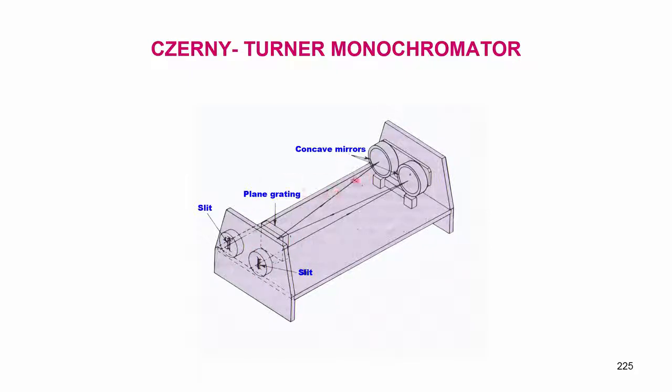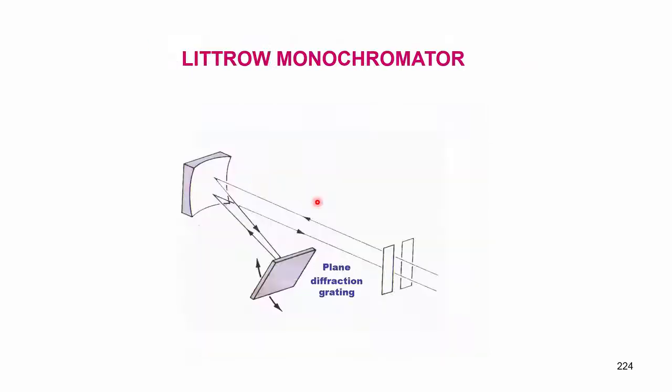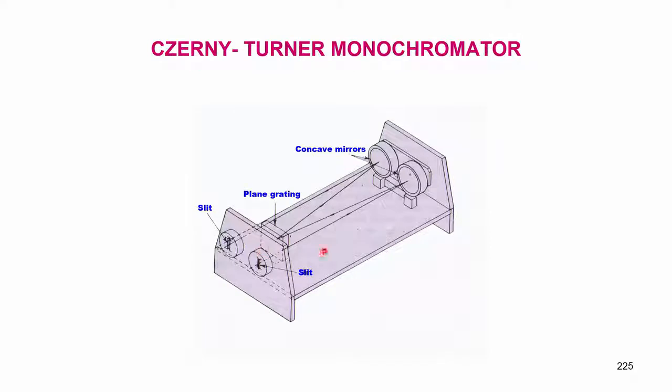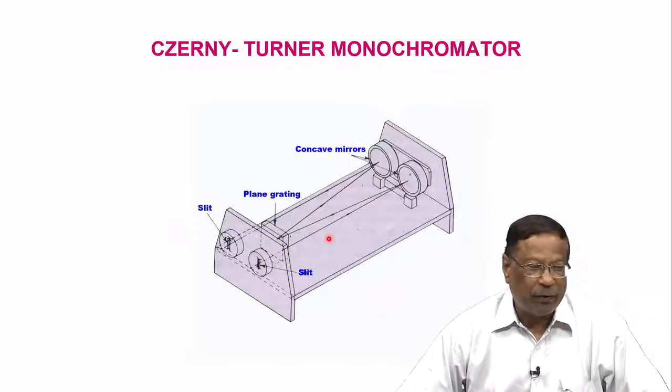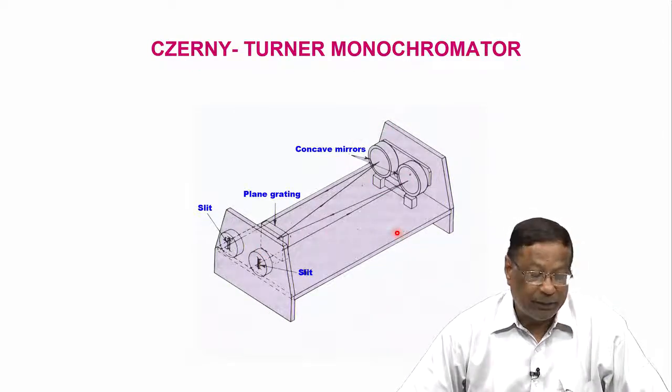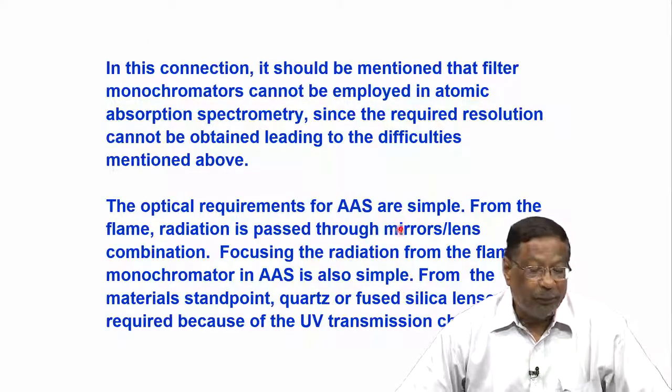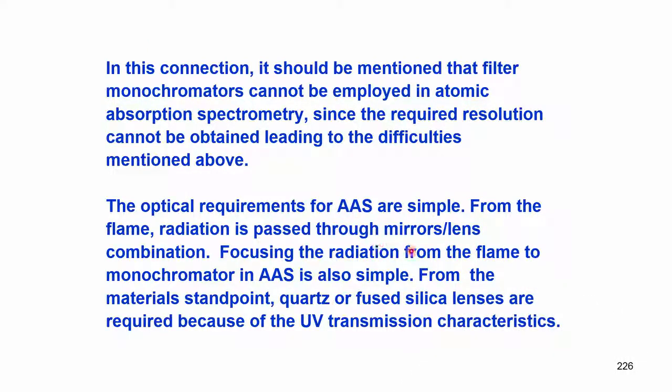So, a plane grating is used and two concave mirrors instead of only one. Here I am using only one, that is Littrow, and this is the Czerny-Turner monochromator system. So, we will continue our discussion on the monochromators in the next class.